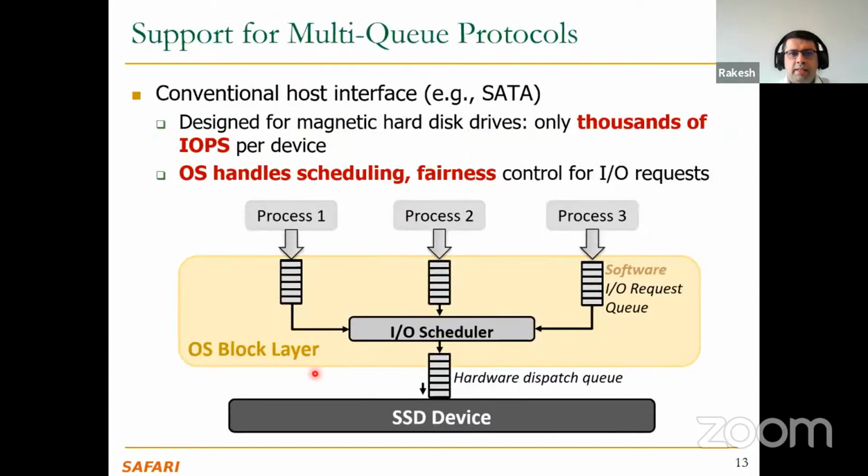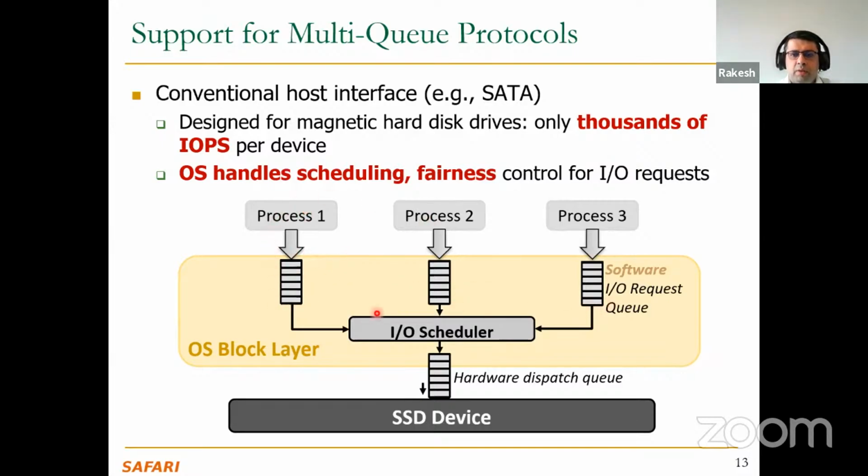So let's see how multi-queue protocols are implemented. A conventional host interface, for example SATA, is used mostly in magnetic hard disk drives and in low-cost SSD devices. The throughput of the device is lower compared to the NVMe protocol. Here we have software I/O request queues per core.